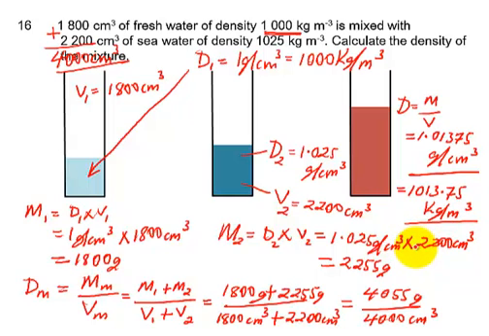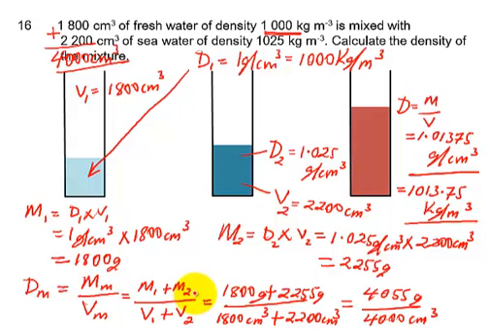So remember, when you are asked to calculate density of a mixture of two liquids, remember to calculate the mass of the mixture and to calculate volume of the mixture. The two masses are calculated using the same equation.